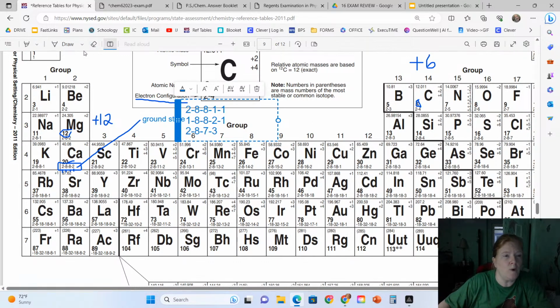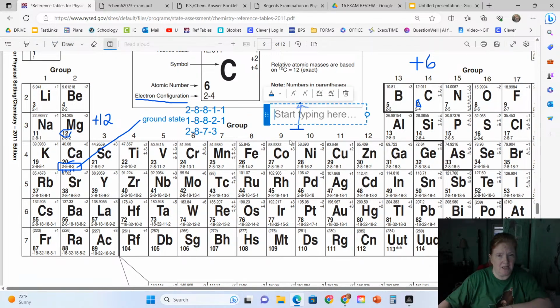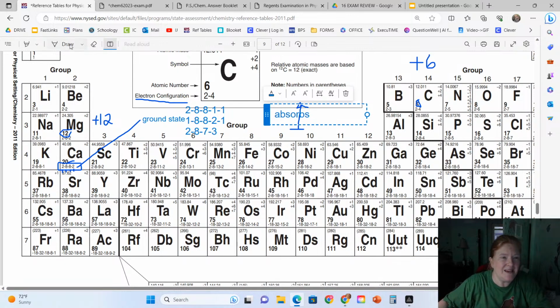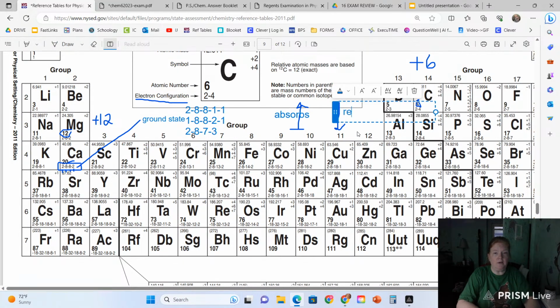Okay, so when an electron is in ground state and moves up to excited state, it absorbs energy. Okay, when it goes from ground to excited. And then when it falls back down from excited state back to ground state, it releases energy as light.